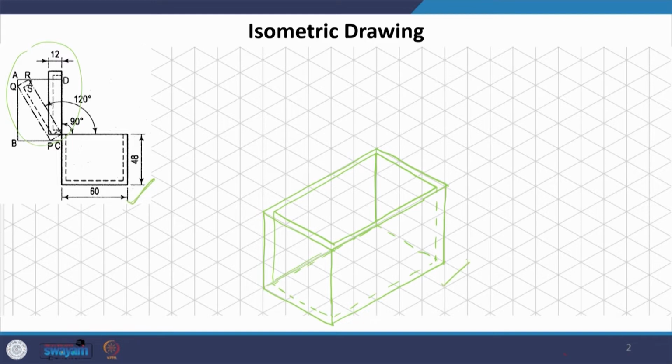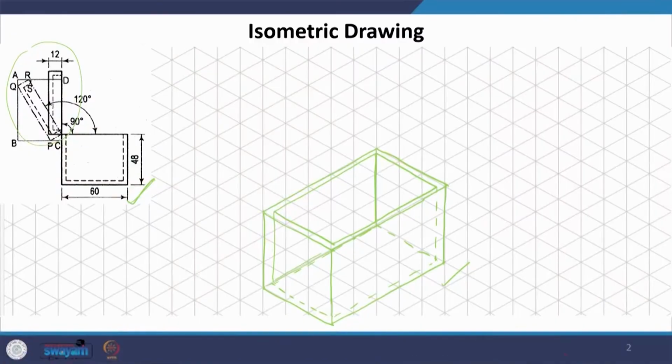Now, we have to draw the lid of it. There is one solid part of the lid in the original position, if it is just upright. The reference is this point, and now we can actually draw the lid of the box. I am assuming the lid to be say 1 unit thick.